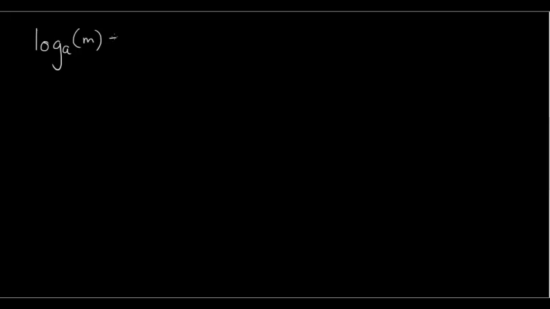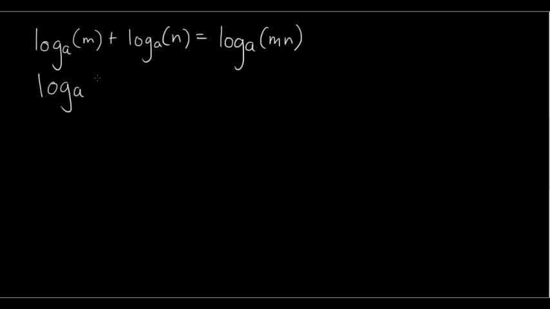So log base a of m plus log base a of n is the same thing as log base a of m times n. Okay, and you also have the log of a quotient. So log base a of m minus log base a of n is log base a of m divided by n.